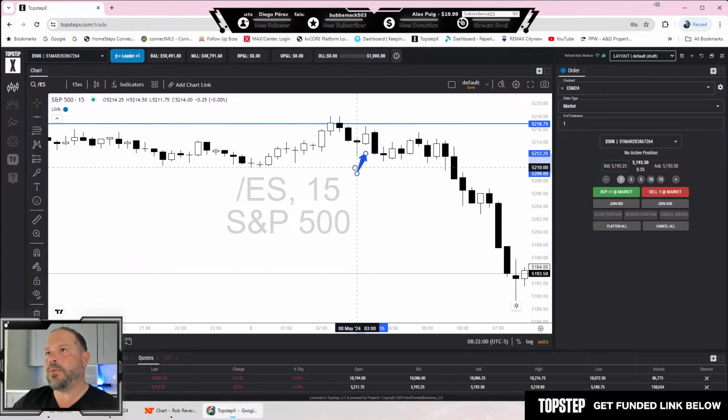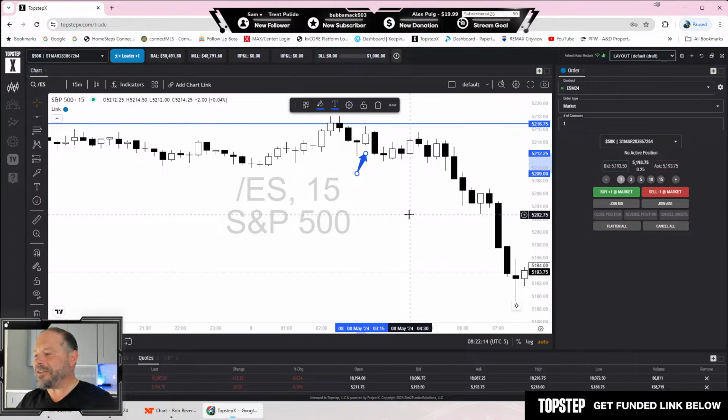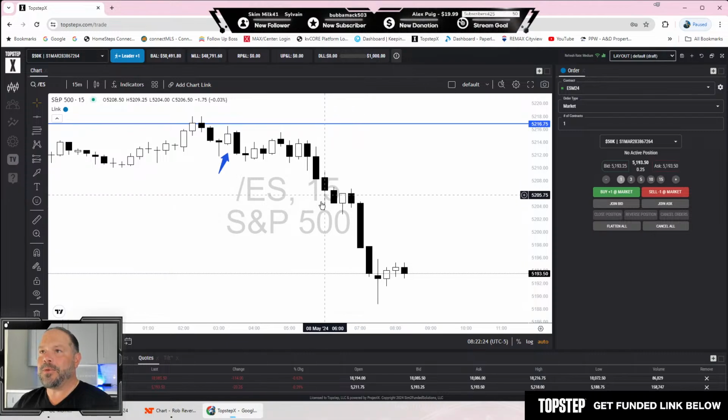So if you look at this white up bar right here at 3:15 in the morning, you can see that this really came very close to tapping into my zone already, okay? This to me would be a little bit of a weaker zone. What I'm really looking for is a not violent, but very strong movement out, okay? Another great example would be right here, where you've got price action that is clearly going down.